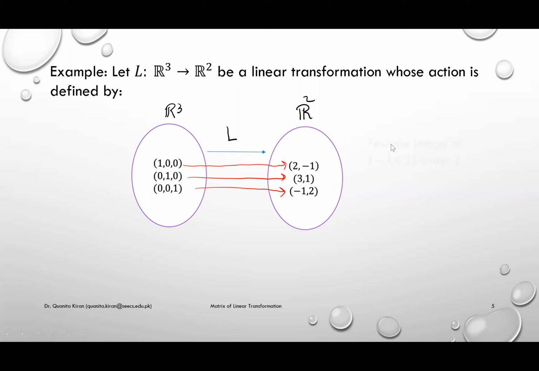What we have to do in this problem is find the image of (-3, 4, 2) under L, and this vector is a vector in R3. So we have to find the image of this vector by using the images of these basis vectors under L.